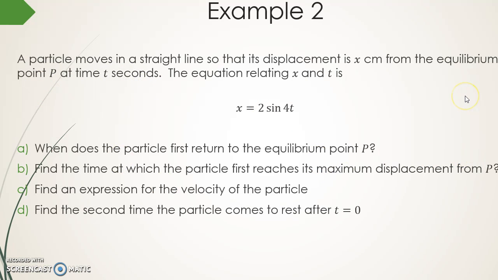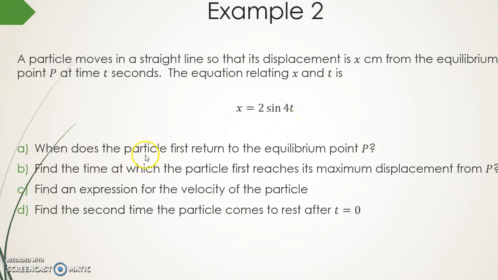So in this example, we've got a particle that moves in a straight line, so that its displacement x from the equilibrium at point P at time t seconds is given by the equation x equals 2 sine 4t. So this is the displacement of our particle.